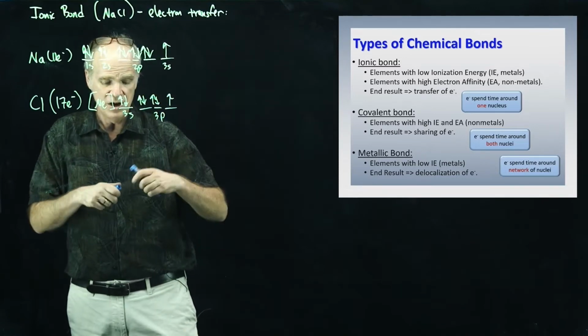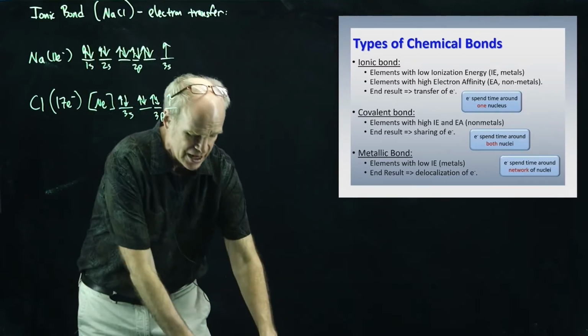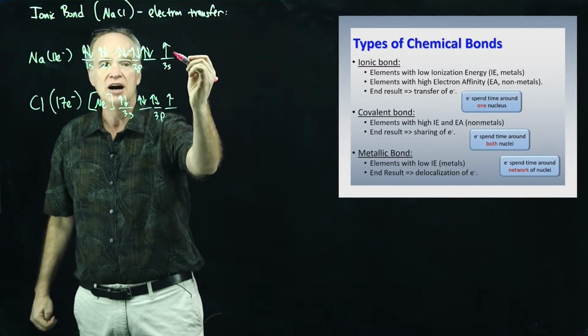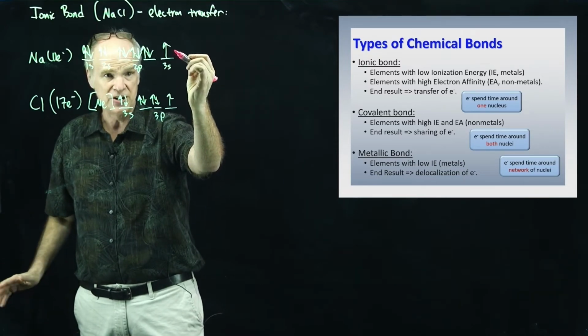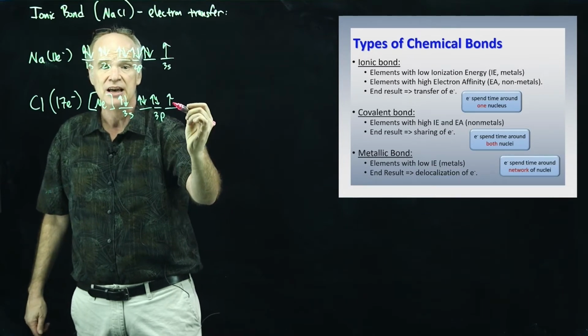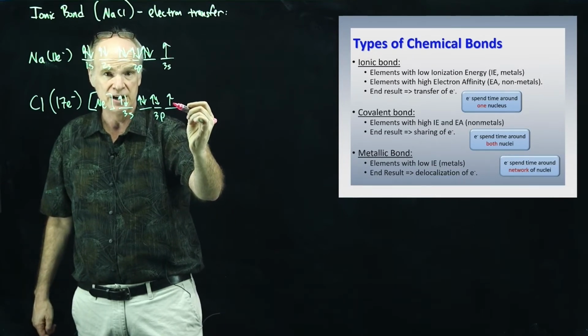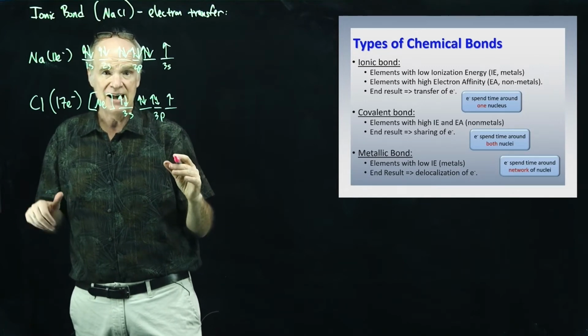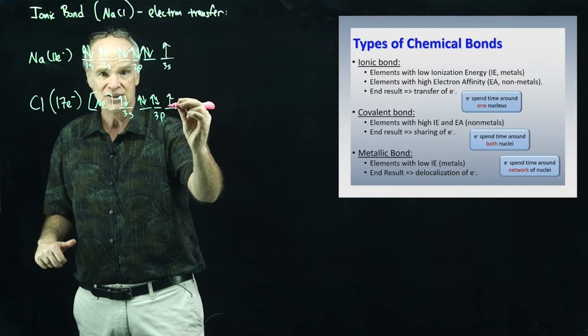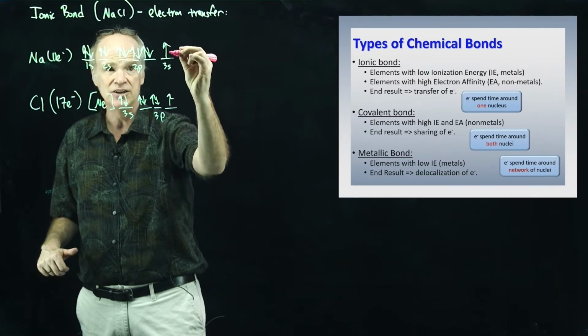So one question to ask is, as I alluded to before, for reasons which I'll explain, you're going to have this 1 electron in the 3s of sodium leave and go to chlorine's configuration. One may rightfully ask, why is that the case? Or why is it not that this single electron from chlorine leaves chlorine and goes to sodium?